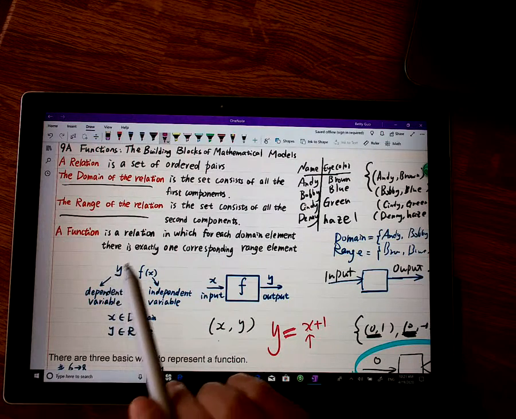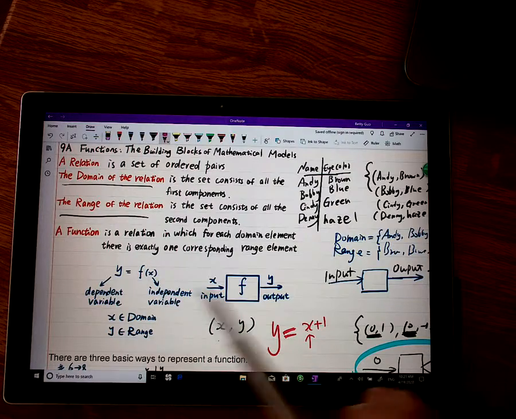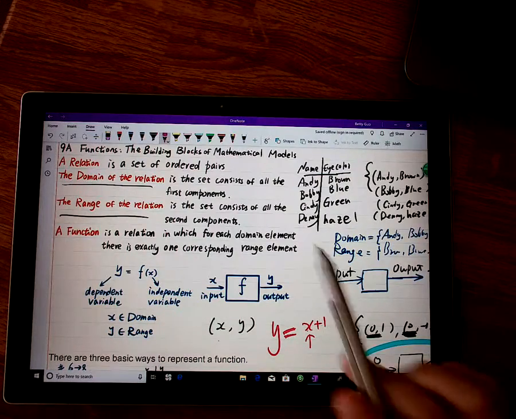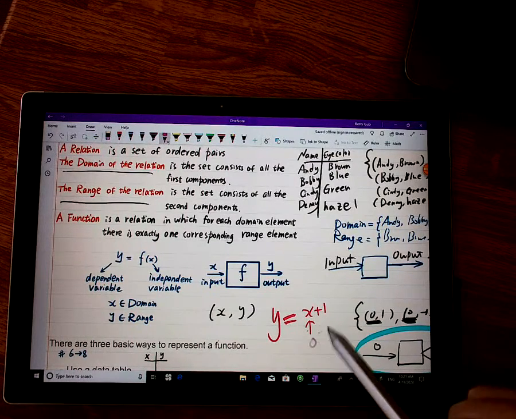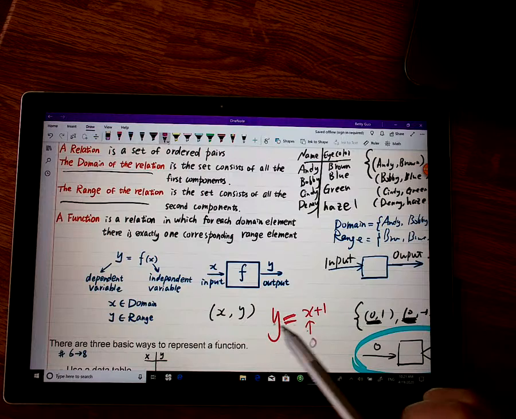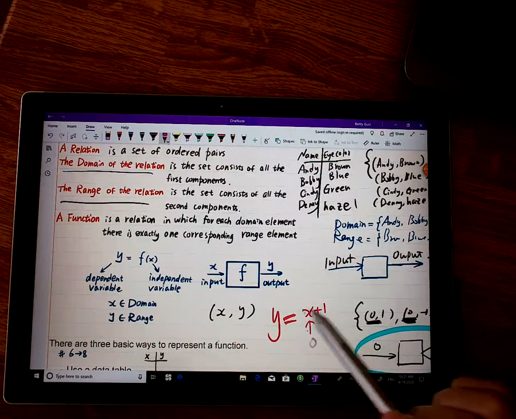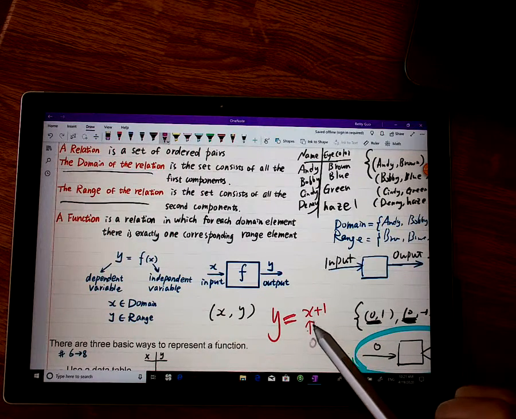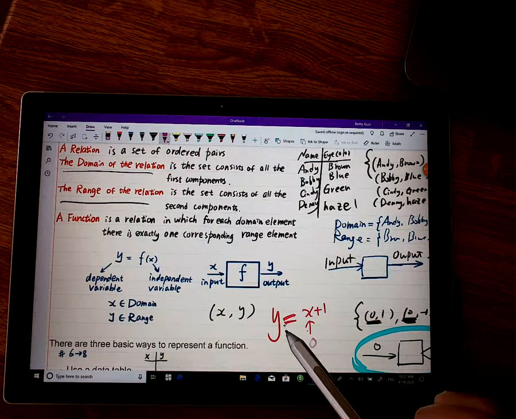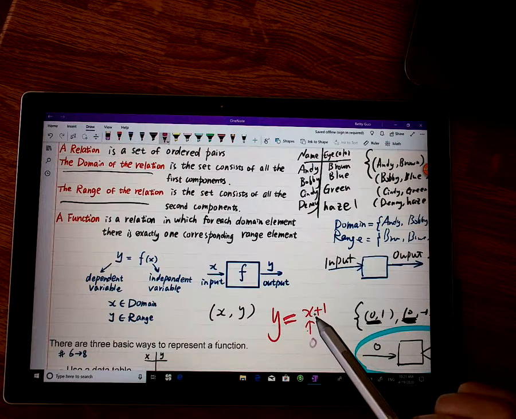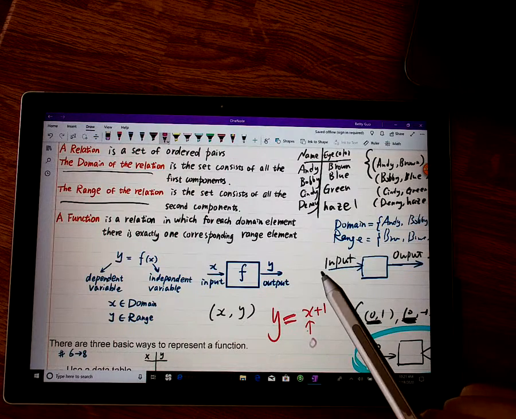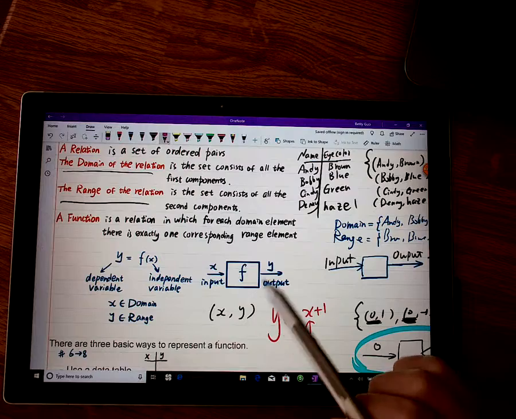The value of y depends on the value of x. In this example, we could give x any numbers. If we give x 0, then y would be 0 plus 1, right? The output equals the input plus 1. The function, the equation, determines the pattern. How does variable y depend on variable x? So very important to see that.